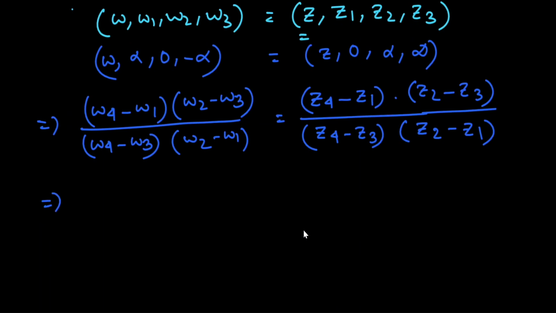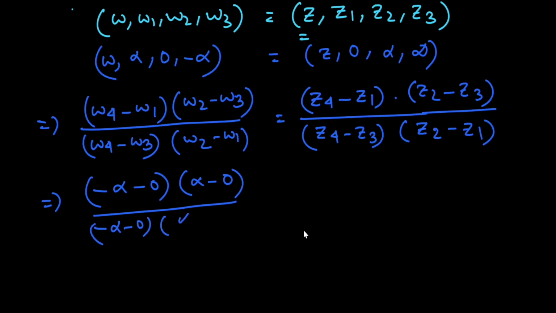This implies W4 means minus alpha, so (W minus alpha)(0 minus alpha)... suppose this infinity, let us take this as Z dash, so Z1, Z2, Z3, Z4.